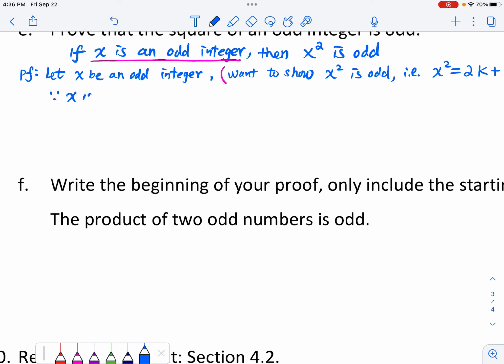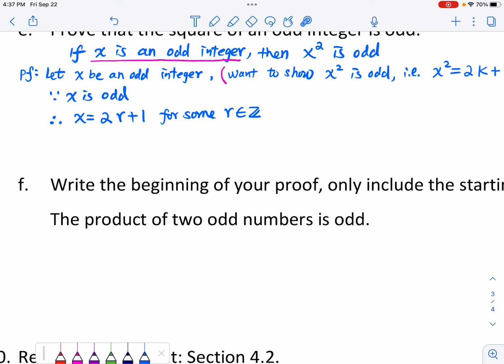Since x is odd, according to the definition, x is equal to 2r plus 1 for some r. Again, we have an agreement that lowercase letters represent integers, so in writing I sometimes even skip saying r in Z, and that's completely okay.